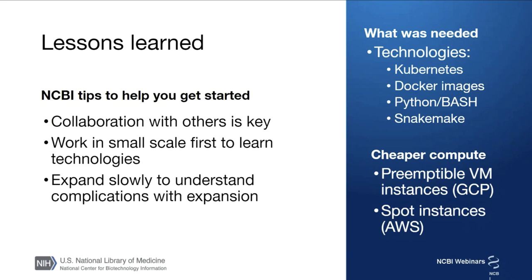They obviously have competitors, and as you're looking into cloud technologies, some of those other technologies might be a better fit for you than the ones we used. We also tried to make our compute cheaper, so we used preemptible or spot instances, depending on which cloud vendor you're going to use. Those are cheaper options for compute that you should take a look into.